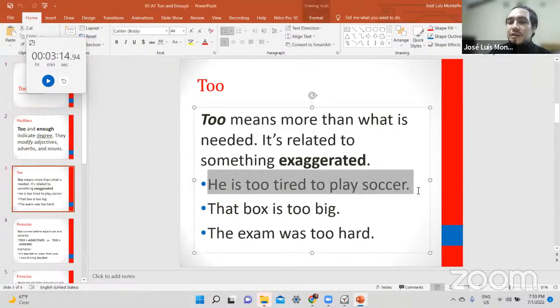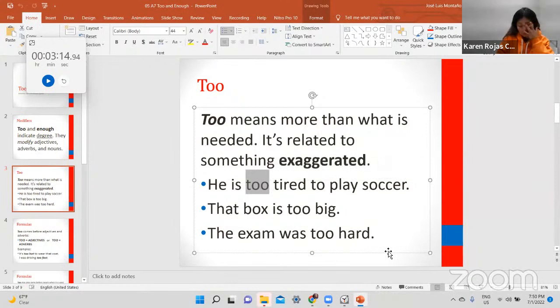This is the structure with infinitive and too. Remember, he is too tired to play soccer. Remember that we use too to say that it's more, that it's exaggerated, right? You can say, hey, you are too young to be in this party. It means you are 17 years old. You cannot be in this party, right?